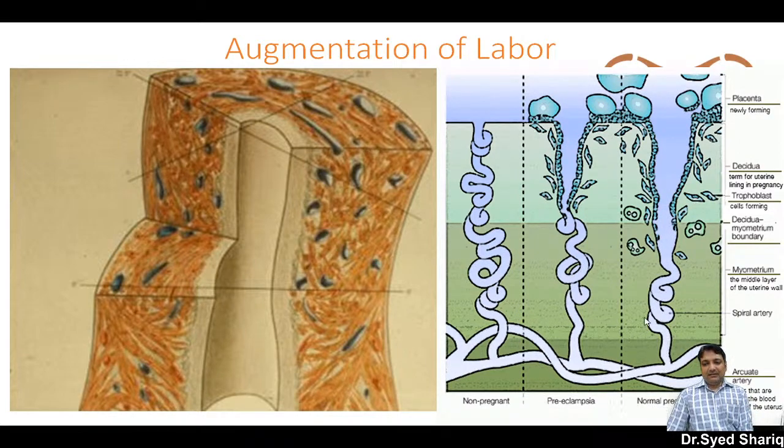Now in a pregnancy, these blood vessels go and bind to the placenta, and the part of the decidua, which is normally removed during the menstrual cycle, is removed from this myometrium. So these tortuous arteries and veins, the blood vessels which are present, allow the muscles.